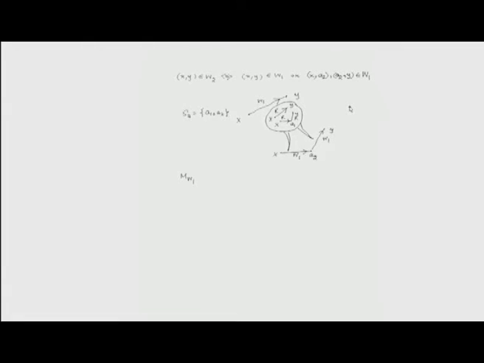Now let us see what happens when we want to construct the matrix corresponding to W2, that is MW2. So, we have already got MW1.